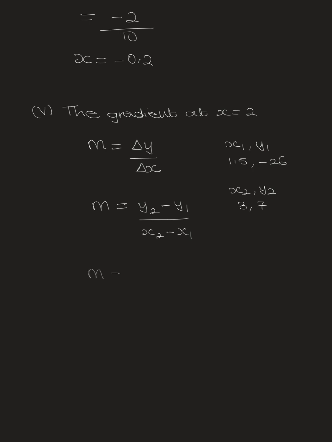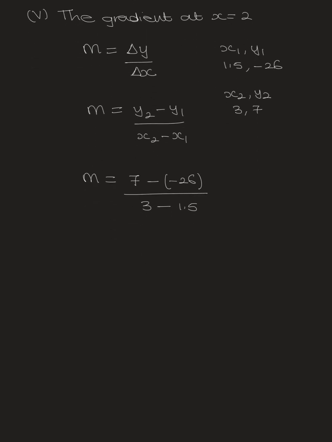So gradient is equal to y2 is 7 minus y1 is minus 26 divided by x2 is 3 minus x1 is 1.5. We will have the gradient is equal to 7 plus 26 divided by 3 minus 1.5, which is 1.5.